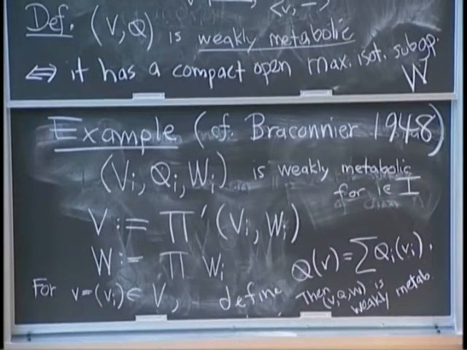Now I want to generalize this result I mentioned here, this proposition. I want to extend it to a situation where my subspace and my vector space are allowed to be infinite. So I'll need a couple of mild conditions.